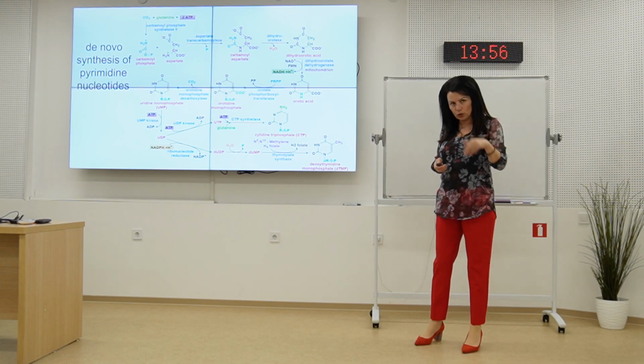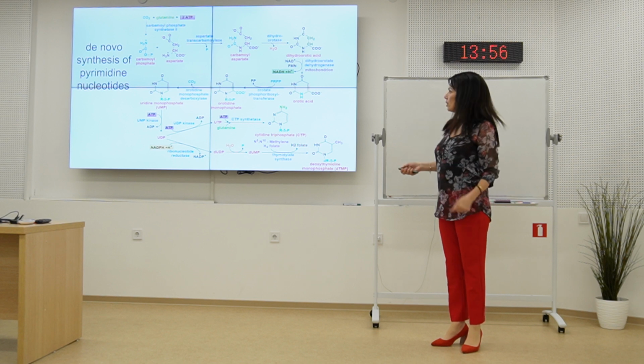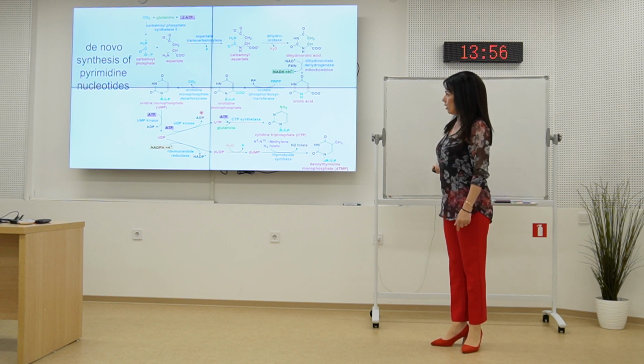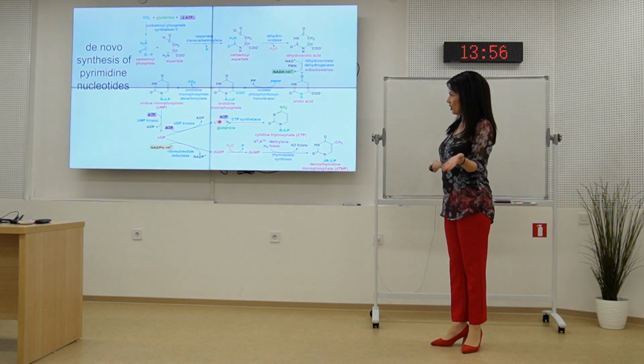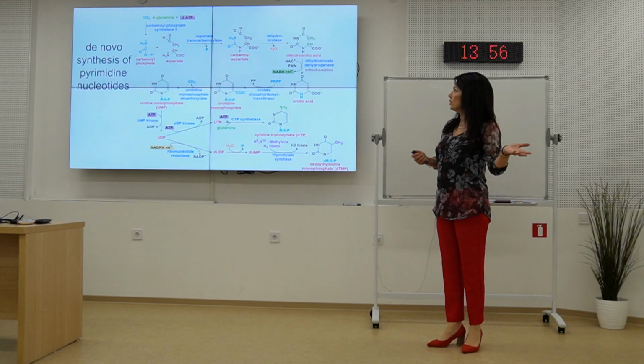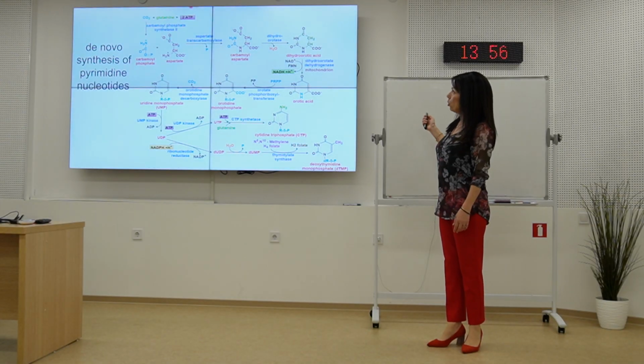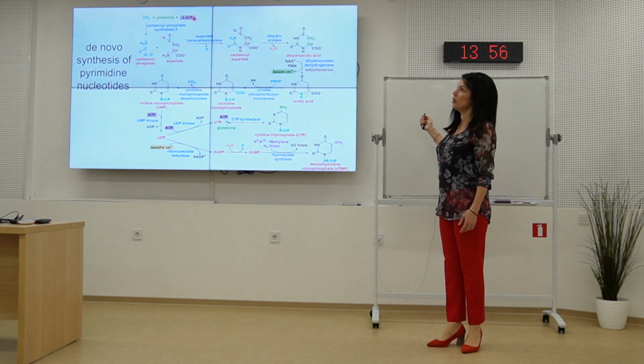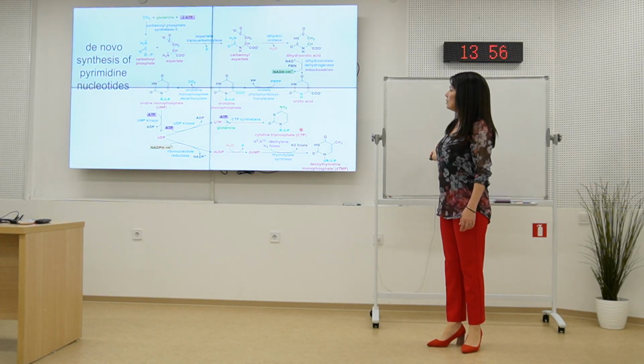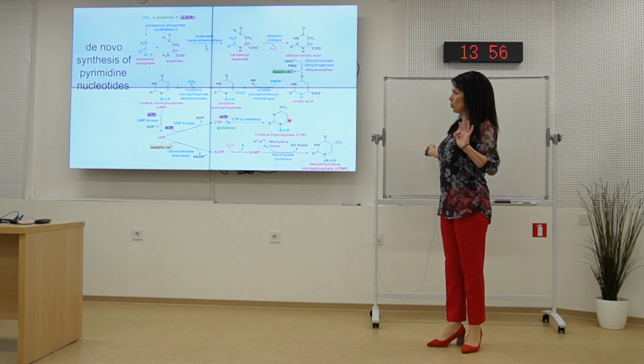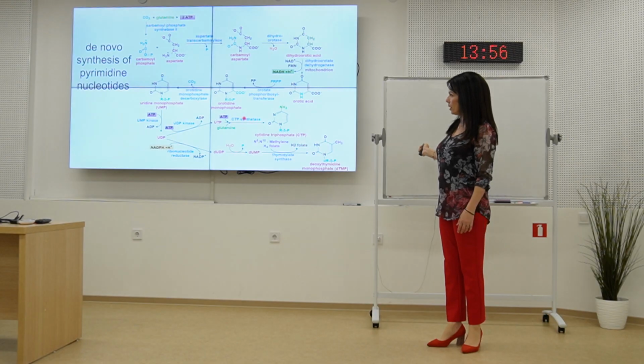Purine nucleotide is used for the formation of pyrimidine nucleotides, ATP. Not only in one place, actually. In three reactions we need ATP in this scheme. And also in the first reaction, also ATP we need again. And after that, CTP is ready by CTP synthetase enzyme.